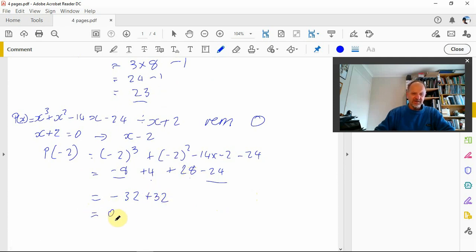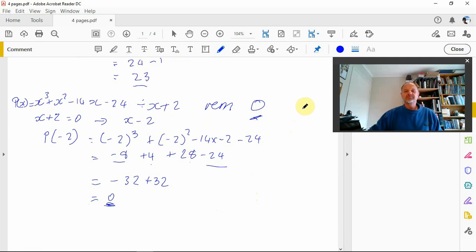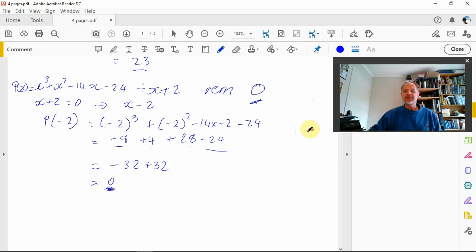So you see again, we're getting a number that's the same as the remainder. So that pattern, if you try more and more and more stuff, that pattern applies.